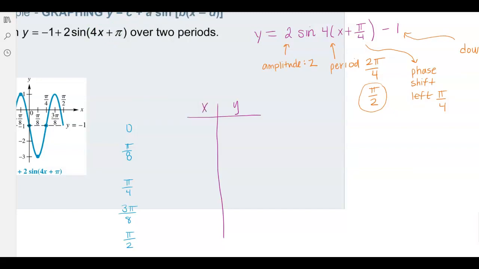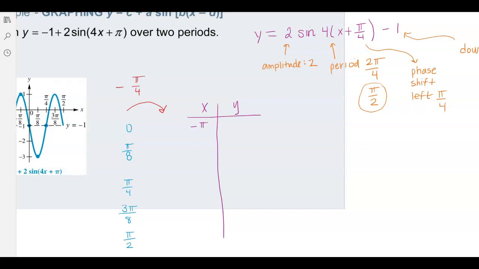So when we talk about the amplitude or the translation, that's going to affect our y value. So we take those two numbers when we're talking about the other side of the t-chart here. The whole graph is shifting to the left by pi over 4. So we're going to subtract pi over 4 from all of these to get the x values.